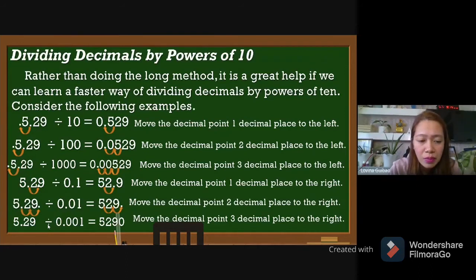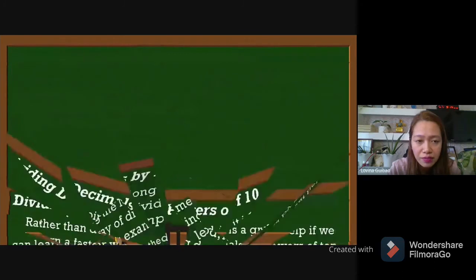You move the decimal point, ilang place? 3 because there are 3 digits in this decimal number. 3 decimal places. So, let's move 1, 2, 3. Yung bakante dyan, lalagyan mo ng 0. Okay. At dun mo ilagay yung decimal point. Na-move mo siya. I hope na naunawaan natin ang example na to.